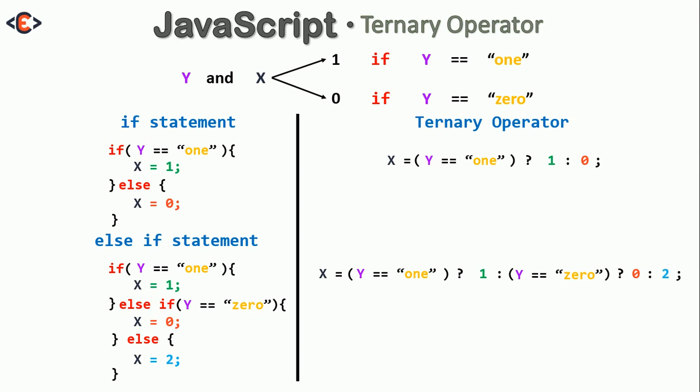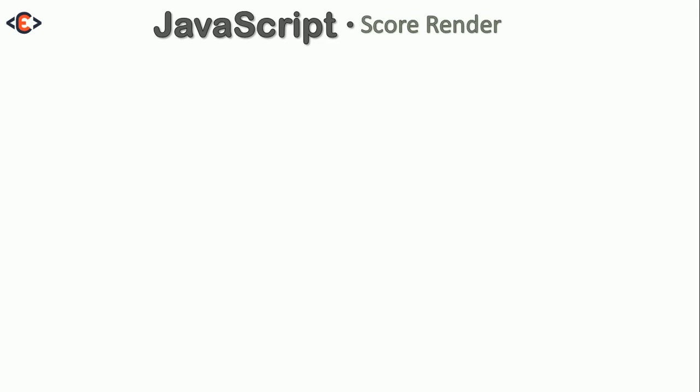So in general, the syntax for a ternary operator is this. We type in the condition, then a question mark, then the expression if the condition is true, then a colon, and the expression if the condition is false. Now let's type in the code for the scoreRender function.